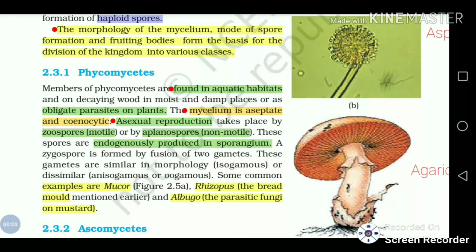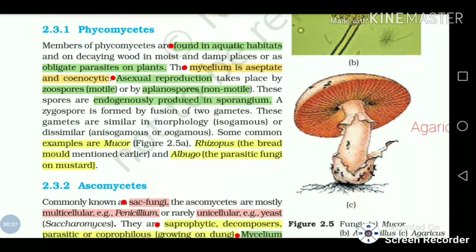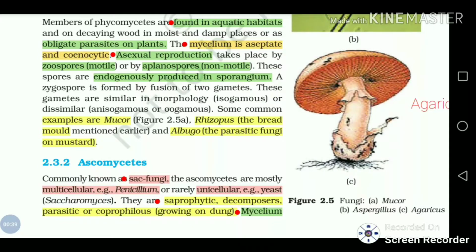In asexual reproduction, they produce zoospores, that is motile, or aplanospores, which are non-motile, and these are produced endogenously inside the sporangium. Some examples of Phycomycetes are Mucor, Rhizopus, the bread mold, Albugo, the parasitic fungus seen on mustard leaves, etc.